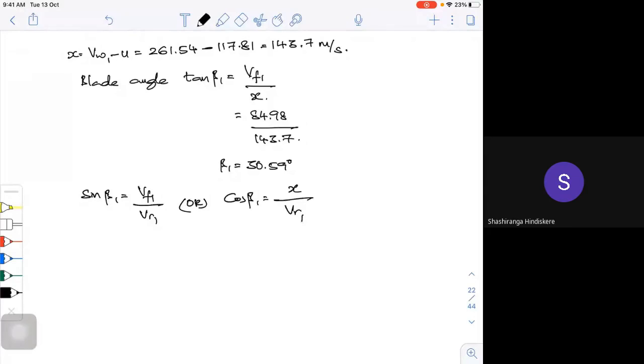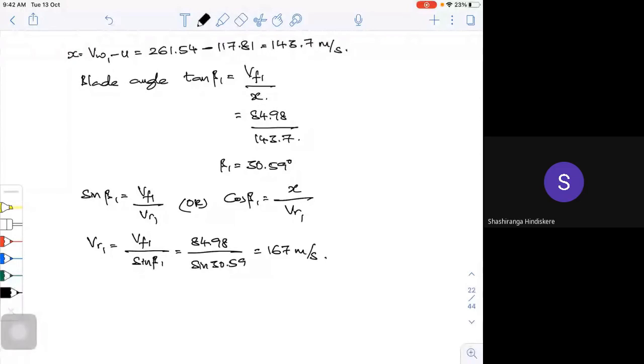If I use the first one, Vr1 is equal to Vf1 divided by sine beta 1. Vf1 is 84.98 divided by sine 30.59. I am going to get Vr1 roughly 167 meters per second.